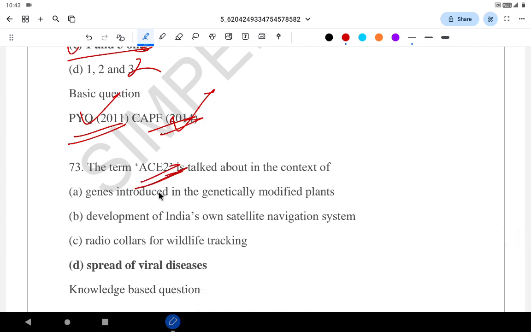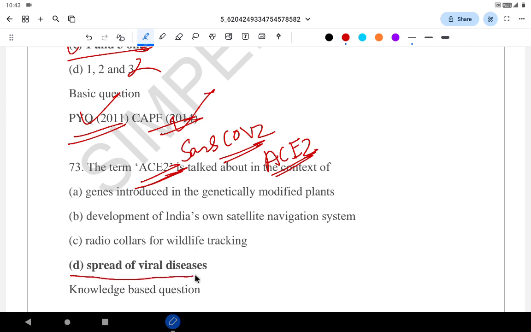Any virus, if you take SARS-CoV-2, the COVID virus, binds to the ACE2 enzyme and attacks cells. So the term ACE2 is talked about in the context of the spread of viral disease. It was in the news during COVID.